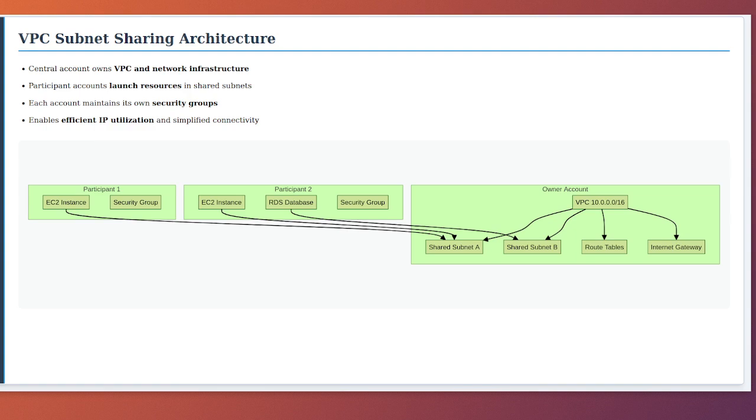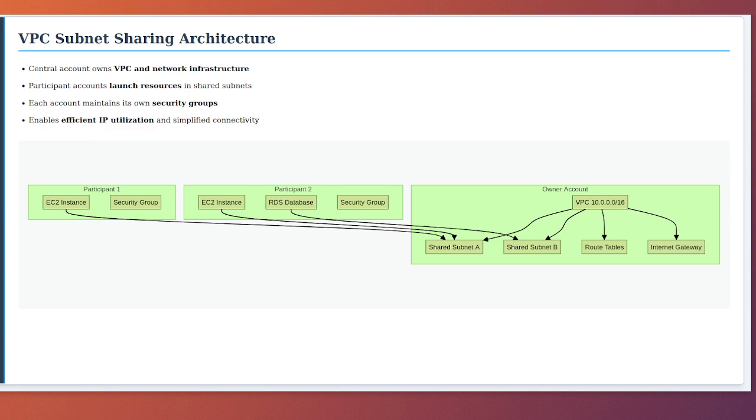It enables efficient IP address utilization since multiple accounts share the same IP space. It simplifies connectivity because resources from different accounts can communicate directly within the VPC without requiring VPC peering or transit gateway attachments.